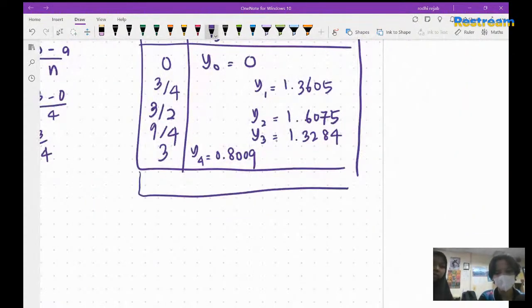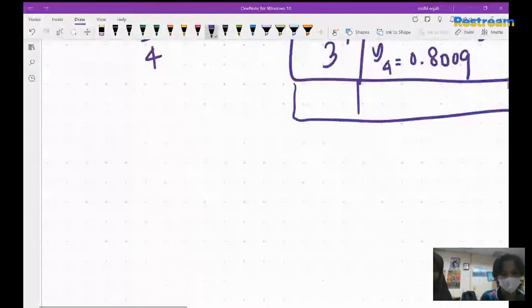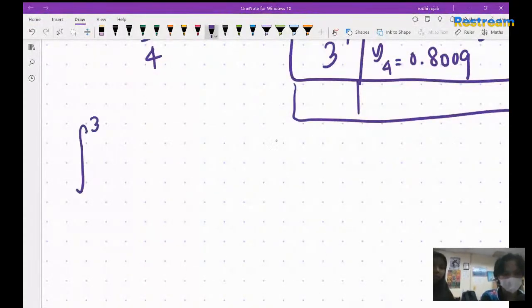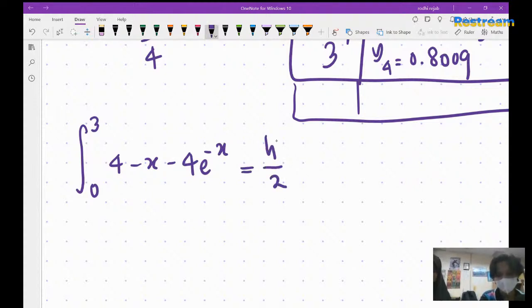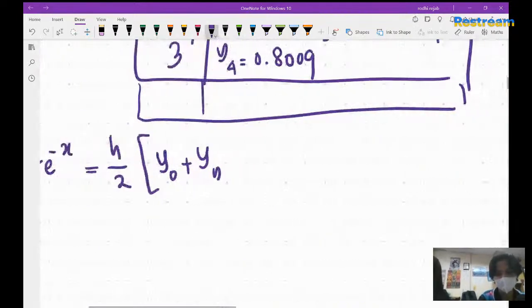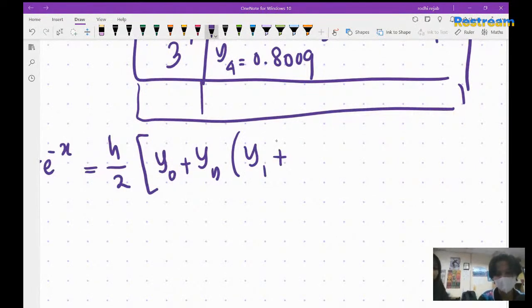And then here, total everything up. Okay, let's write the formula. Integrate 0 until 3 of f(x), which is 4 minus x minus 4e^(-x), equals h over 2 times y initial plus yn plus y1 plus y2 plus y3.